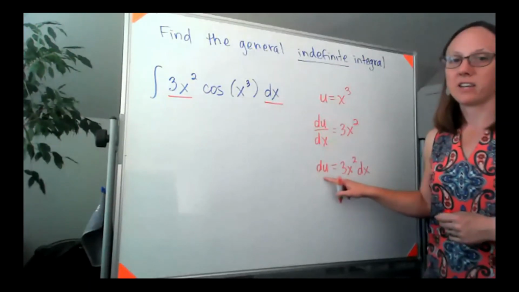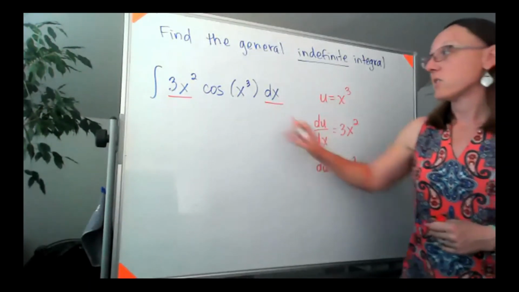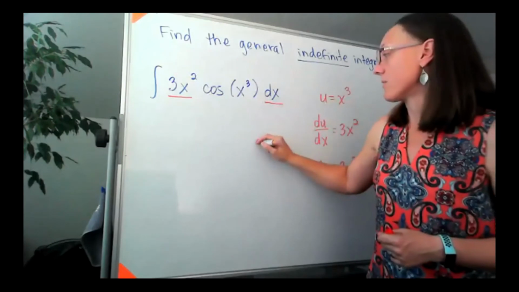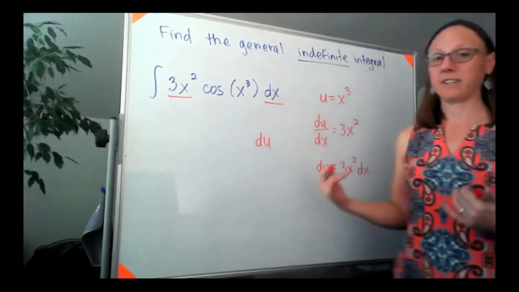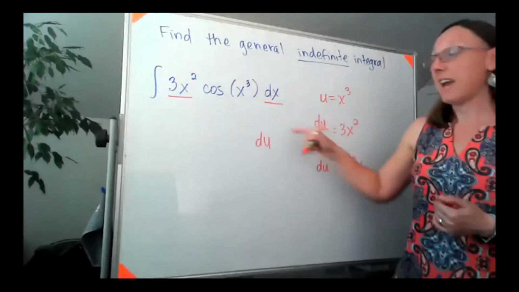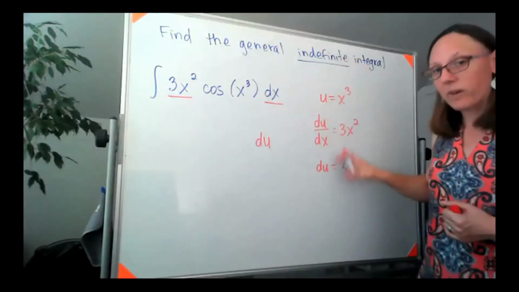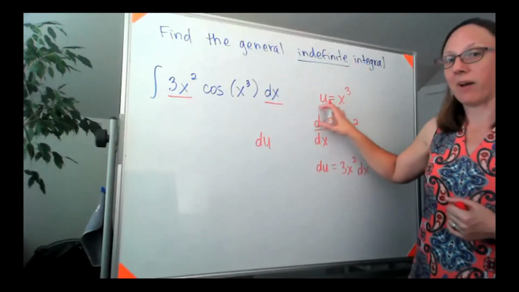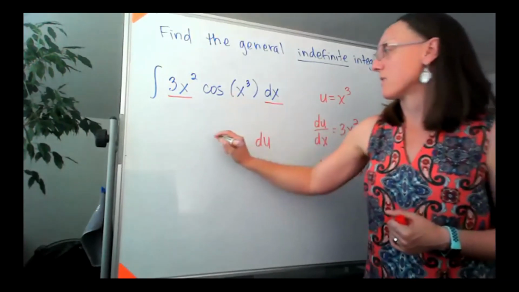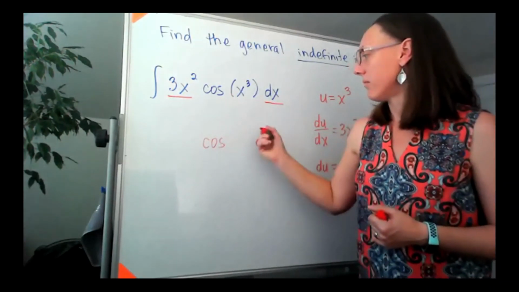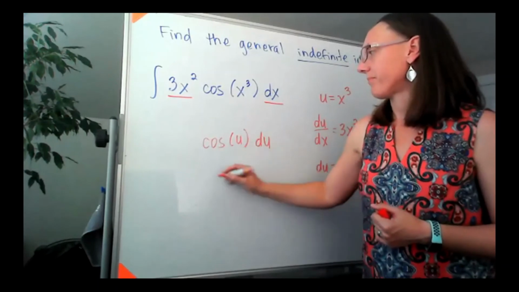I can call it du. So the 3x squared and dx becomes du when I'm translating this. And that x cubed right there, well, I know based on my vocabulary list that I can swap out x cubed for u. So this becomes cosine of u.